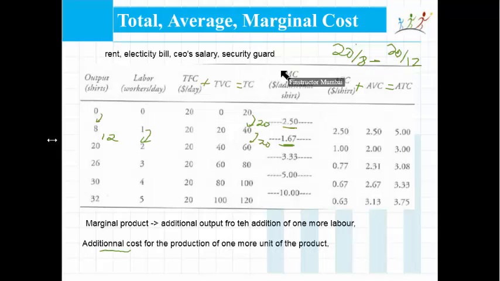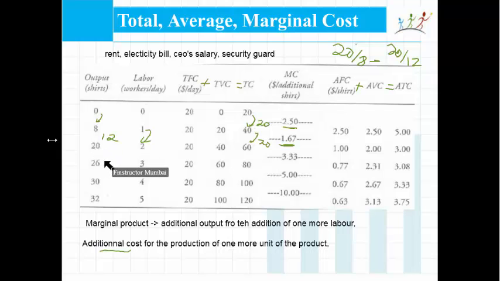Now let's see what happens to the marginal cost as I keep adding labor. If I increase labor from 2 to 3 workers, the third worker only gives me 6 additional units.